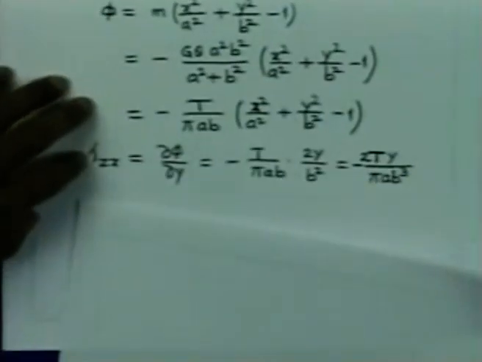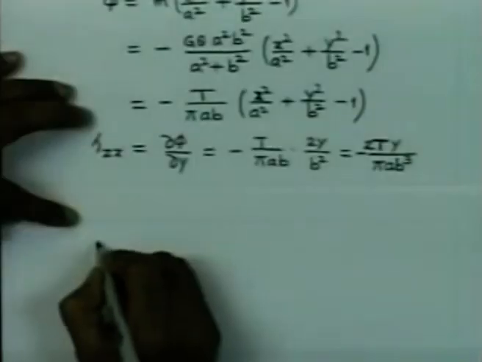The stress tau zx is going to vary linearly with y. So, we can get the maximum shear stress tau zx when the value of y is maximum. For this cross section, y is maximum at the extremity of the minor axis, that is y equal to b.